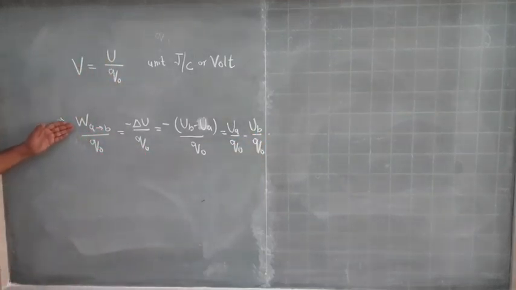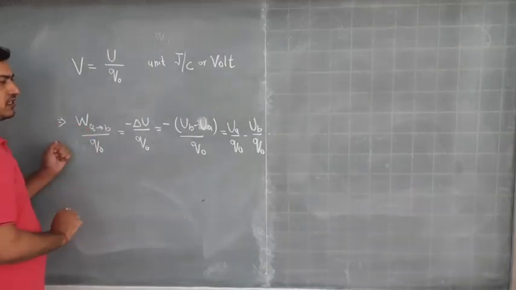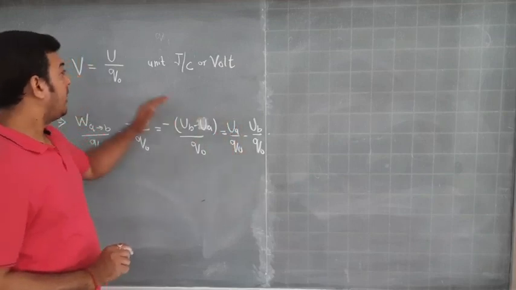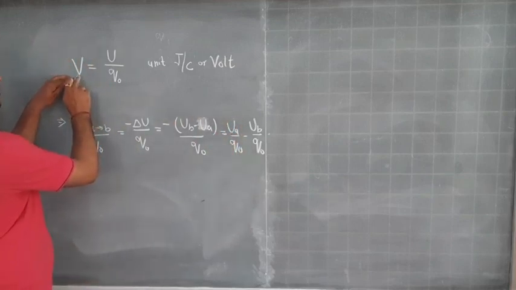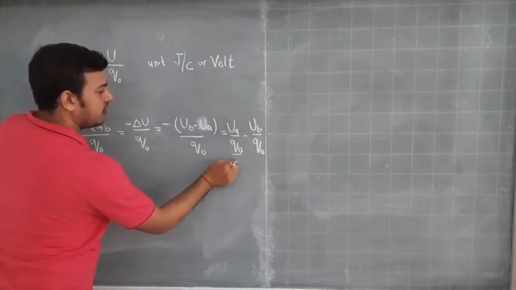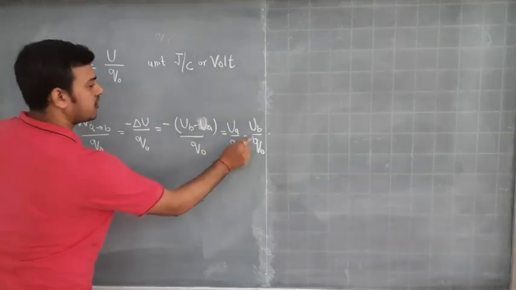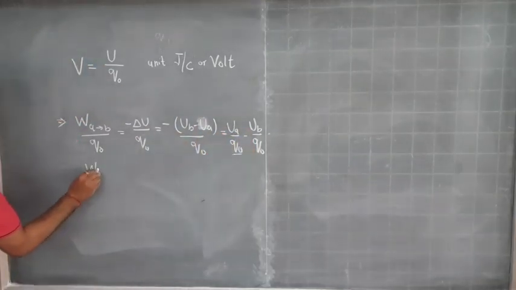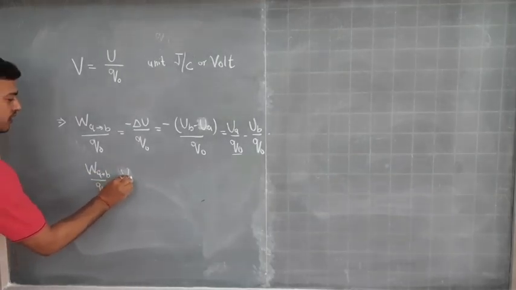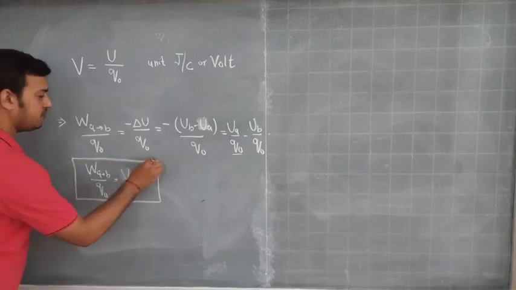So you can see clearly that work done in moving a charge from point A to B per unit test charge is equal to the difference of these two quantities, and with reference to the definition of electric potential, you can see that it is the potential at point A minus the potential at point B.